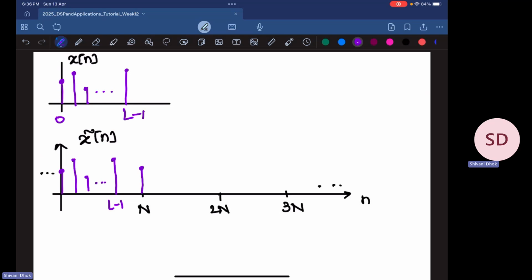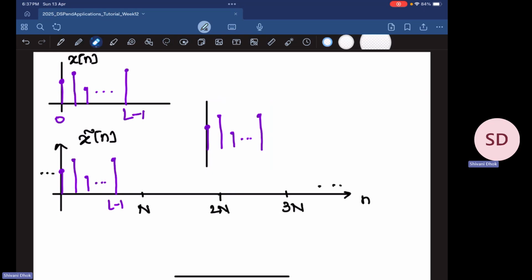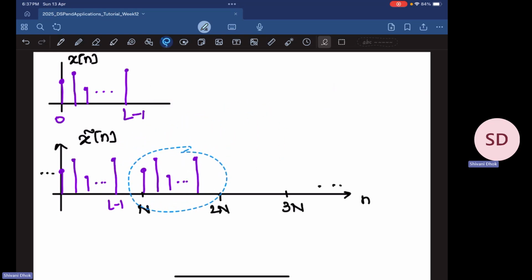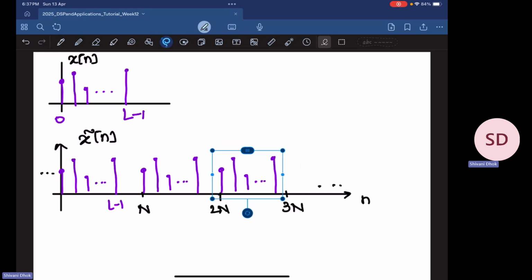Then again it will simply repeat, like this, and so on.